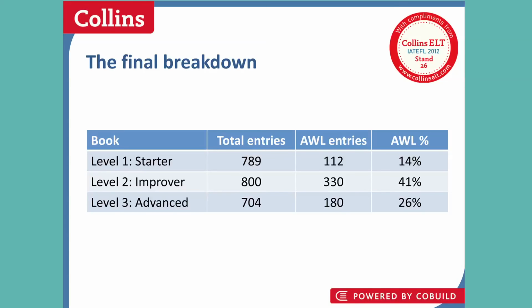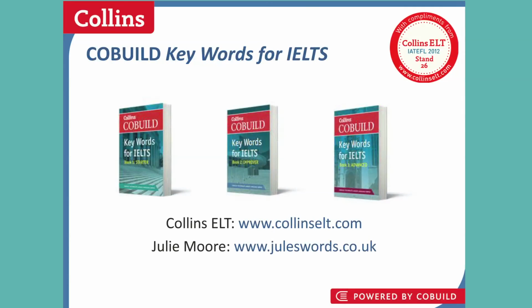So this is how we went about breaking down that monolithic academic word list, including different ideas, to come up with something that hopefully is useful for students as they work their way through to becoming proficient EAP users. And what we ended up with was a series of three books. I'm not saying that this is the end point.